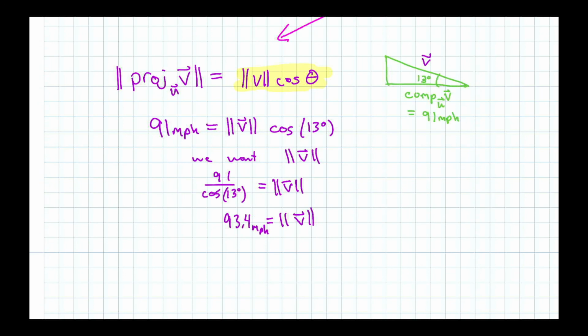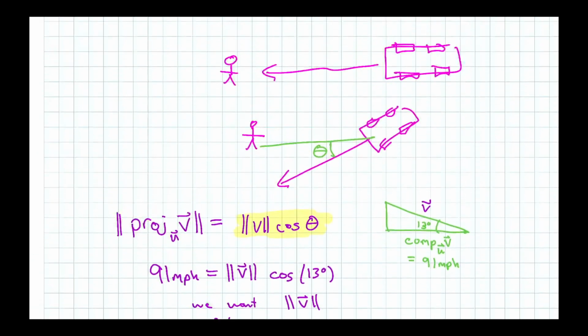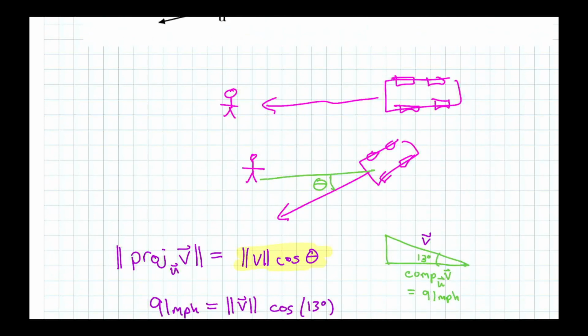Okay, and you can round that to whatever you want. And that's the answer. So the car is actually going faster. The car is going 93.4 mph. So you have to correct for the fact that it's not coming straight at you.